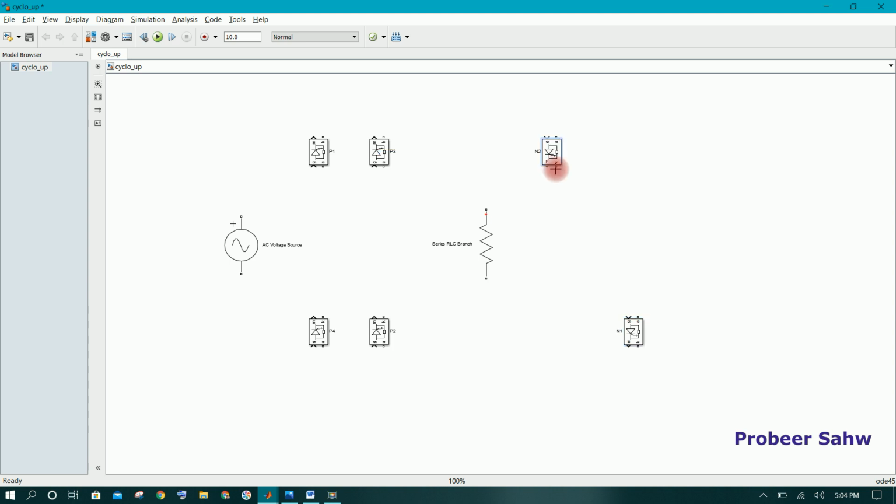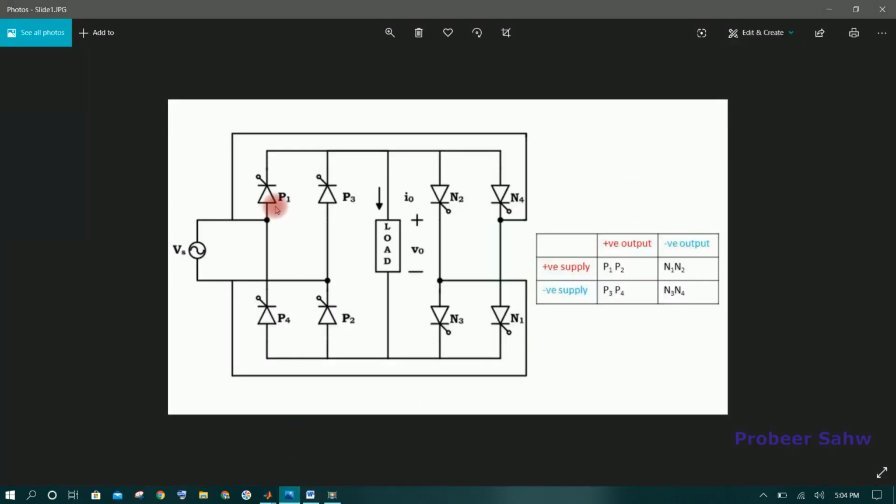So it is N2, N3 and N4. In the circuit, all the upper group thyristors are connected, all the lower group thyristors are connected, and then one end of the load is connected to the positive bus, and another, the lower terminal, to the negative.